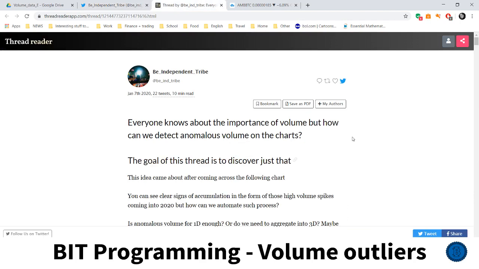Honestly, Python was what failed me at university a couple years ago. I would never think I would be able to do this, but it's just such an interesting subject for me, this world of trading, that it actually made me go out of my comfort zone in that sense. And I think you can do it too if you really want to.